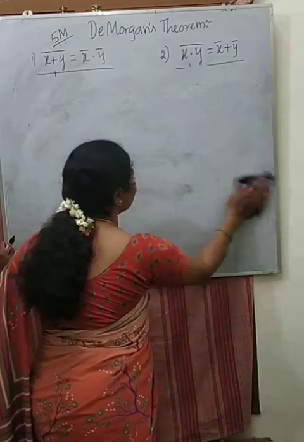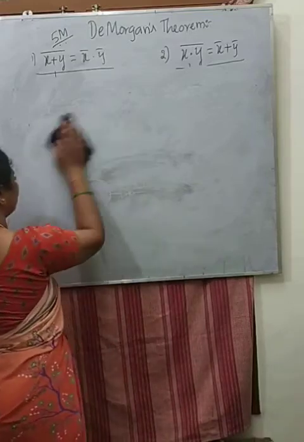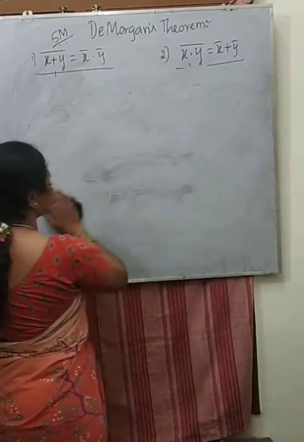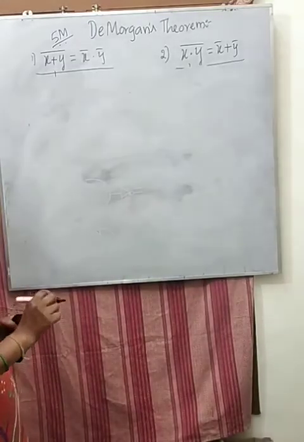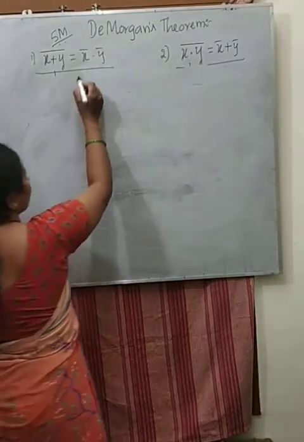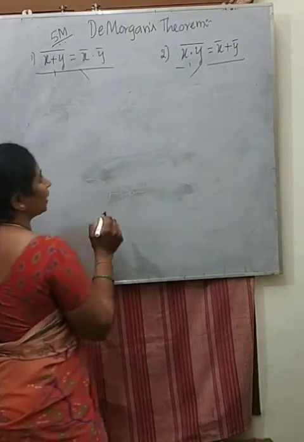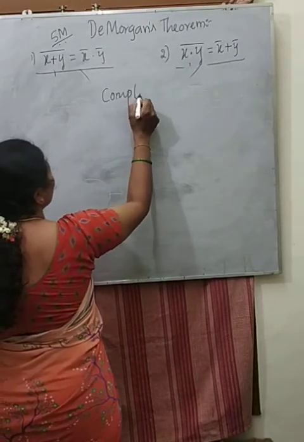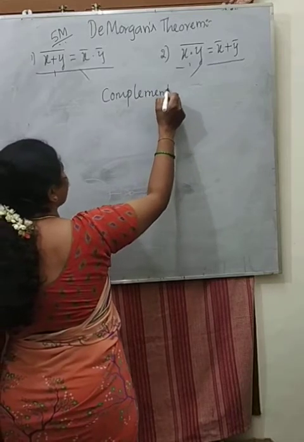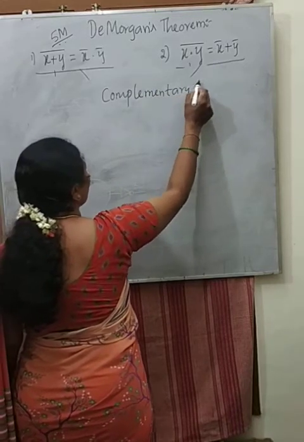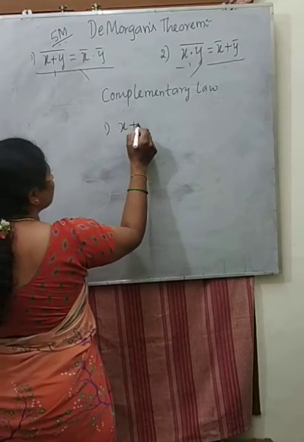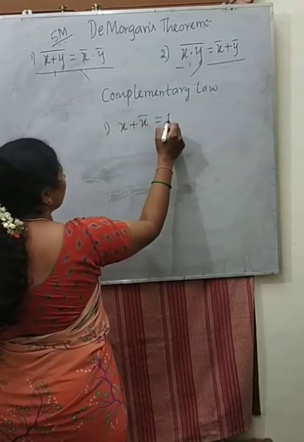Proof using the algebraic method. We are proving both theorems using the complementary law. What is the complementary law? x plus x complement equal to 1.